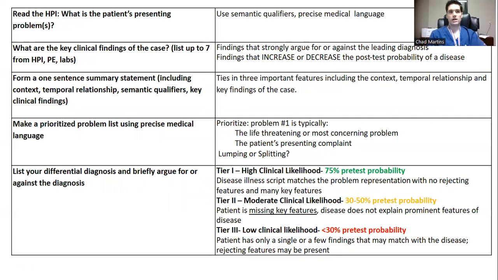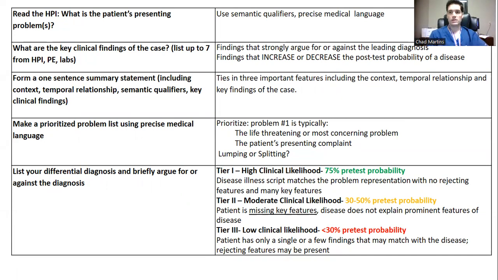So trying to create a problem representation that is going to be concise, that uses precise medical language, identifying key clinical findings. So really the things that are going to increase or decrease that post-test probability of the disease. So like fatigue is not going to be really helpful in this case, but like an S3 will.